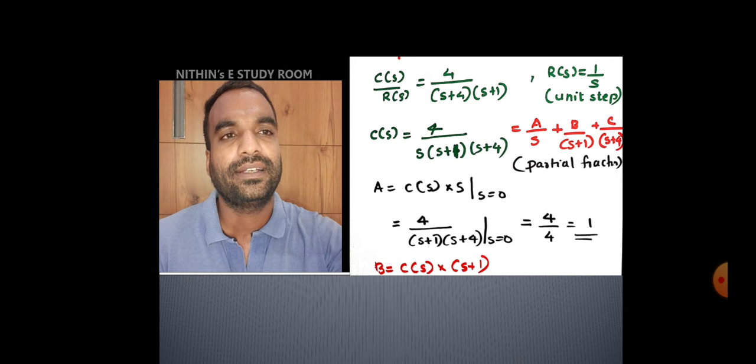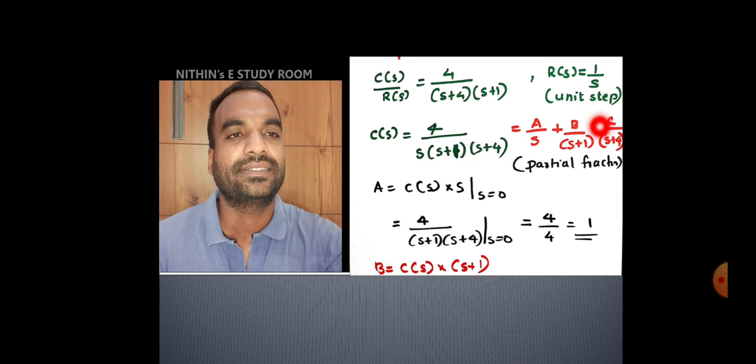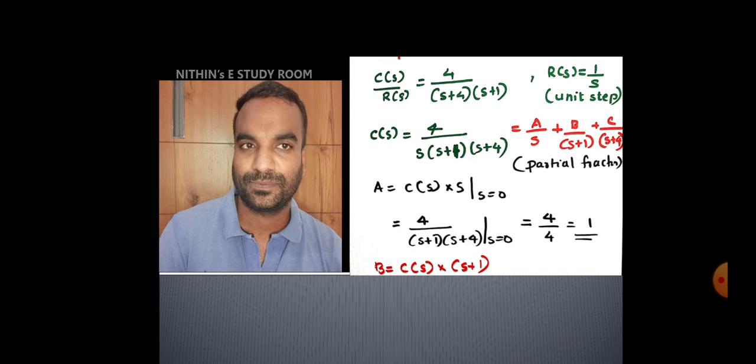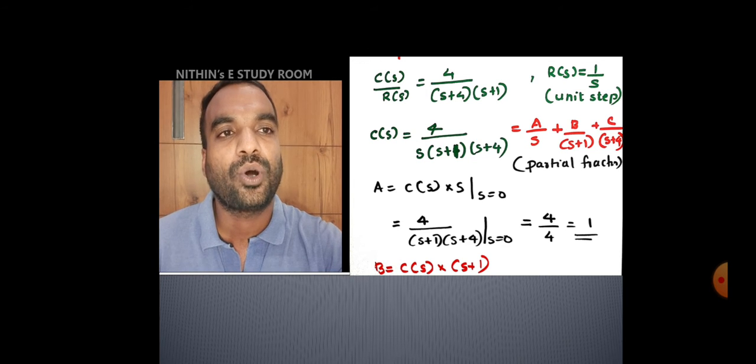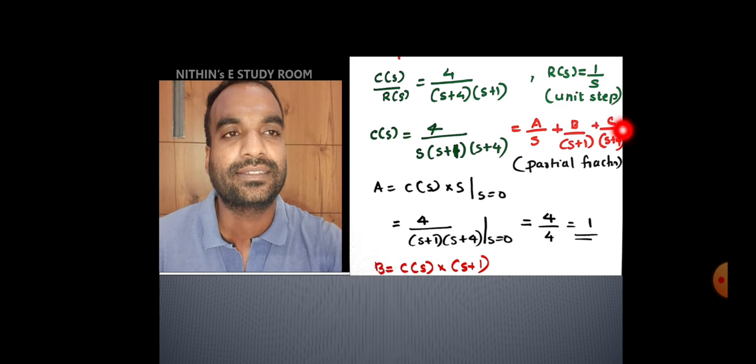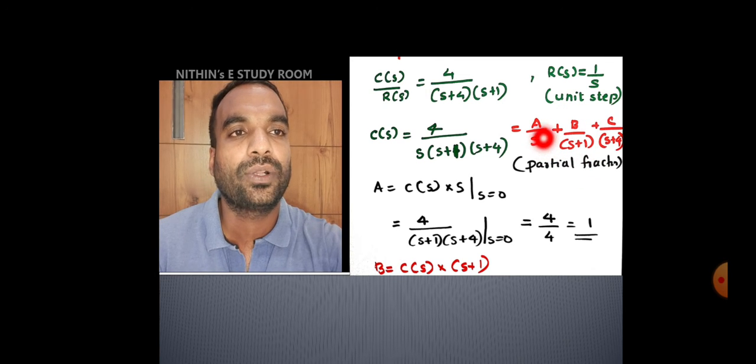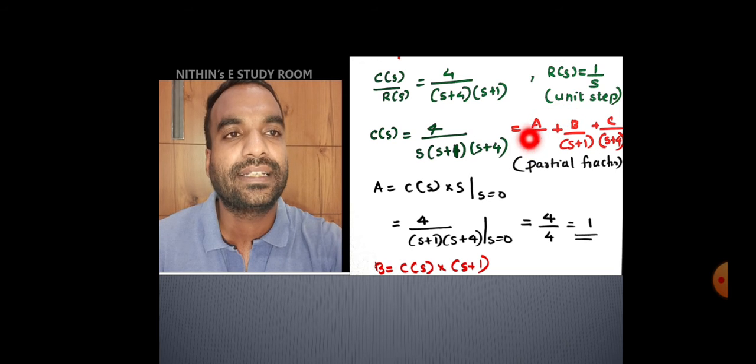For finding a, exactly what you have to do is multiply both LHS and RHS with s and put s equal to 0. You don't need to multiply the RHS separately, because if you multiply the whole term with s, in the first term, s and s get cancelled and this term becomes a.